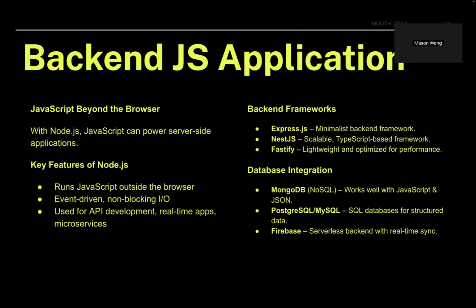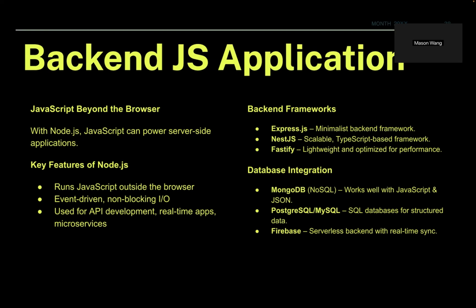So now let's talk about the backend JavaScript application. With Node.js, you can use JavaScript beyond the browser, and it can power server-side applications. It has many different key features, and there are also a lot of frameworks available like Express, Nest, and Fastify.